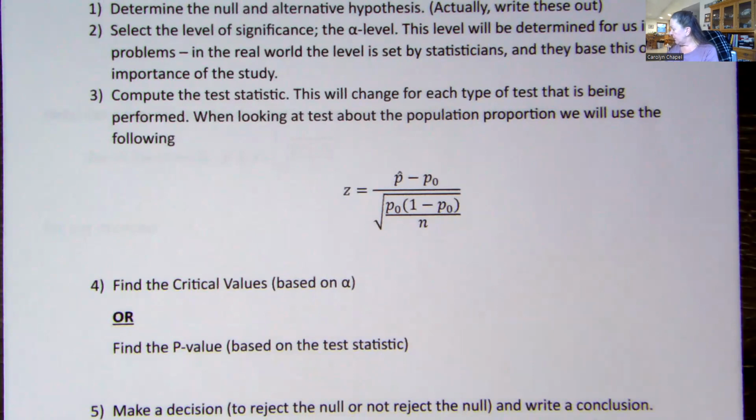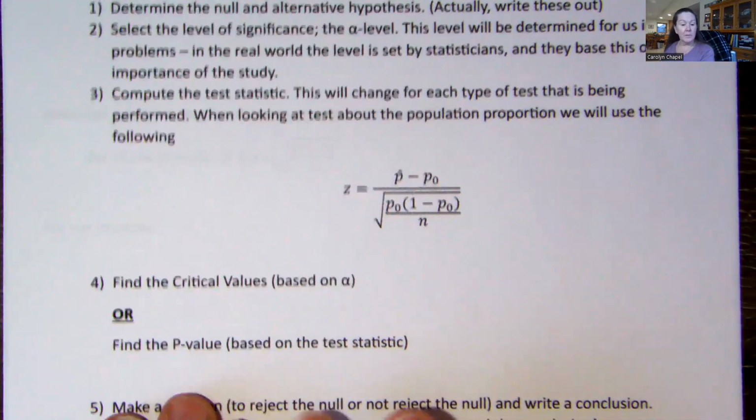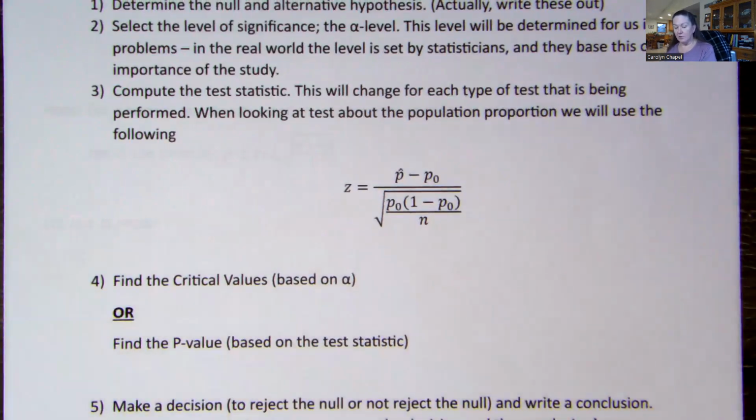Now, in the days of tables alone, finding critical values was probably the easier of the two to do. Nowadays, with all the technology out there, finding the p-value is very easy to do. I will go through both methods in this video as well as the next videos.